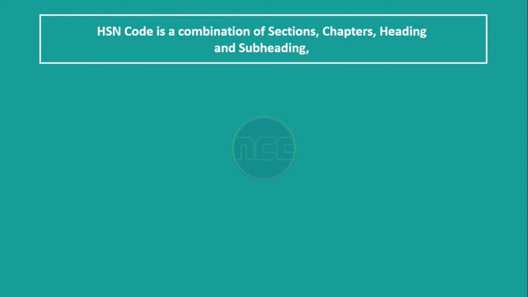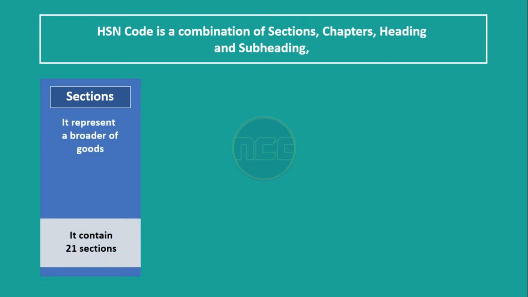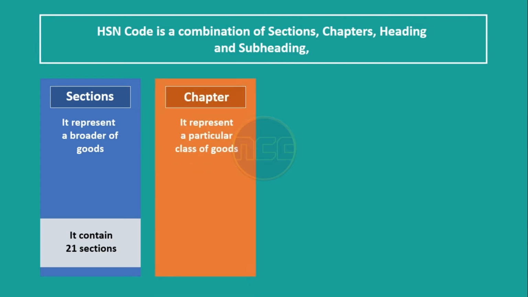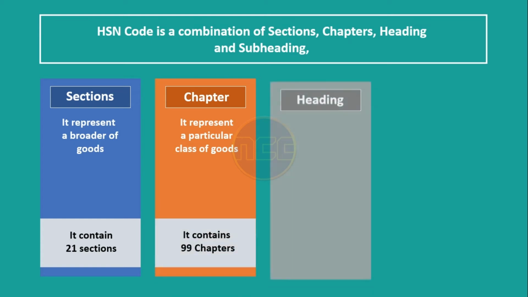Let's explain. Section represents a broad category of goods and it contains 21 sections. Then chapter. It represents a particular class of goods and it contains 99 chapters. Heading.